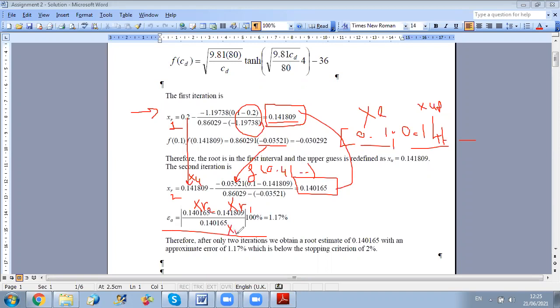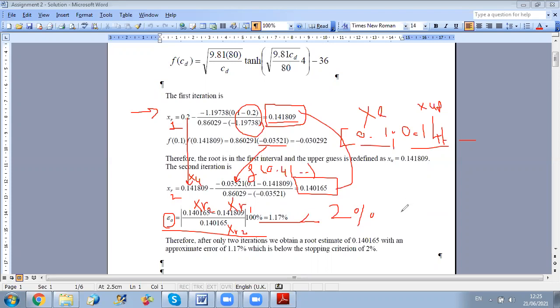What is nice here is that from the first two iterations, the approximate error was already satisfying the stopping criterion, which is 2%. So I can stop here. No need to do any other iteration.